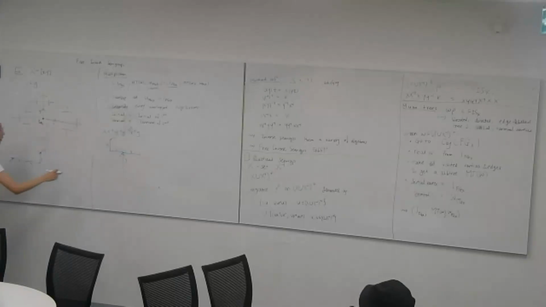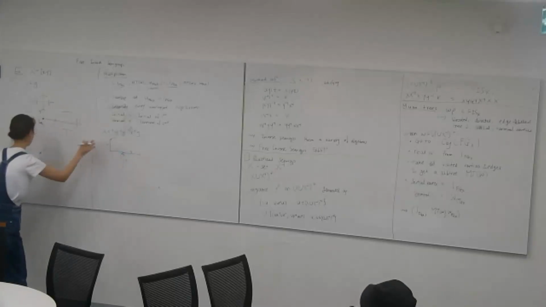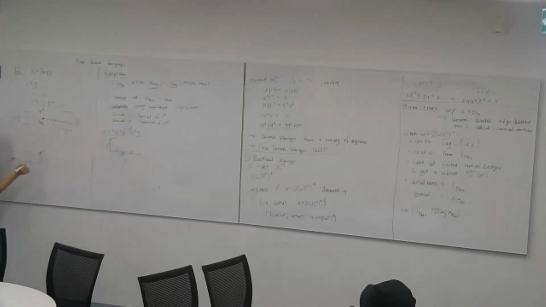And let's do that. So I overlap this on top of this and here. So I have y here. This is x. This is x. This is y.